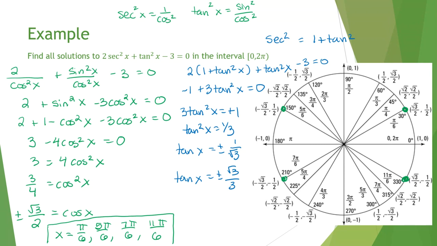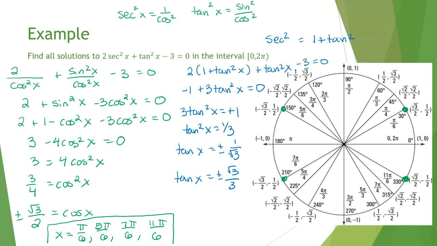And now we would need to figure out which angle matches with that. So I'm going to use my graphing calculator here because my unit circle doesn't have the tangent values there, and I don't want to have to draw a triangle to try to figure out what it is. So I'm going to just do the inverse tangent of, let's just start with the positive square root of 3 over 3.